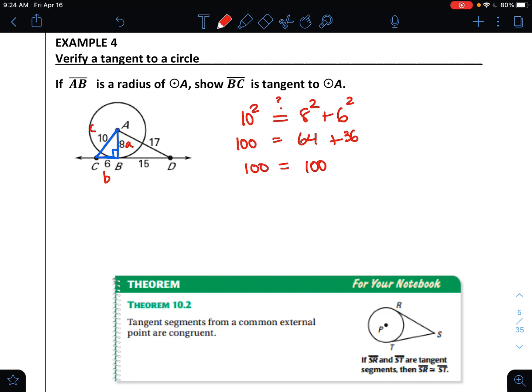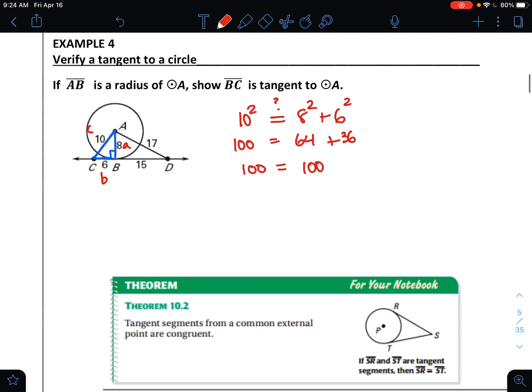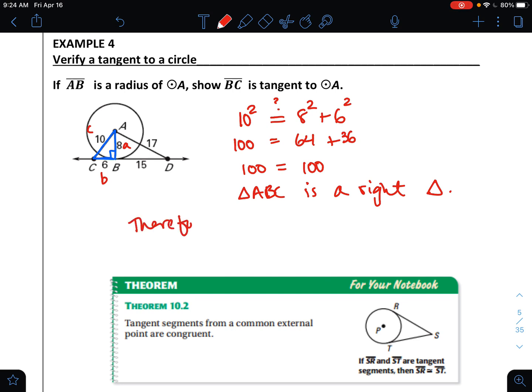That's 100. Okay, so I'm going to say here, triangle ABC is a right triangle. And then I'm going to say, therefore, segment AB is perpendicular to segment BC.